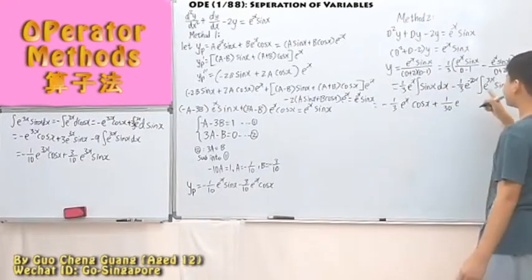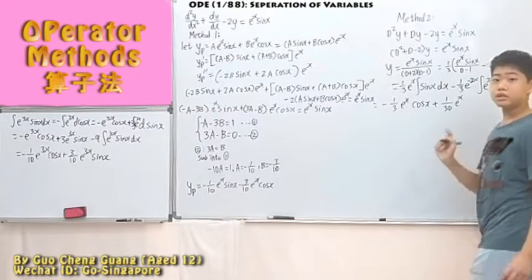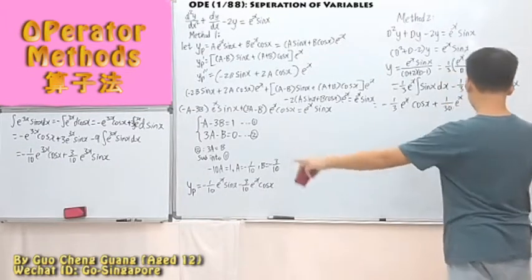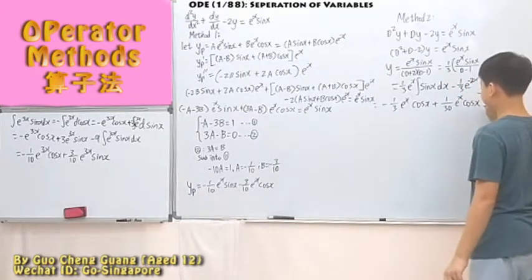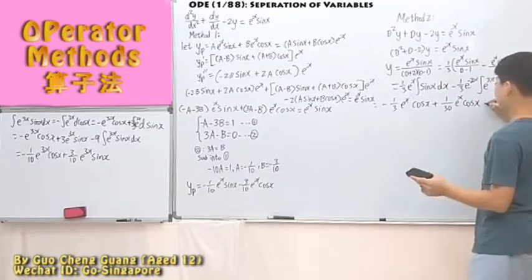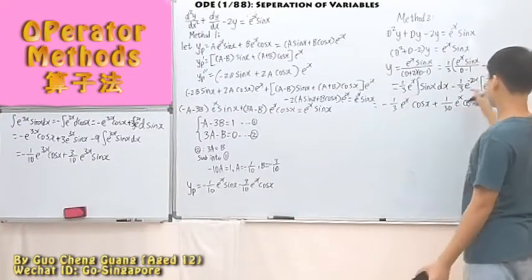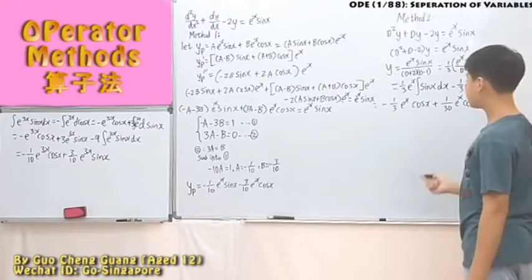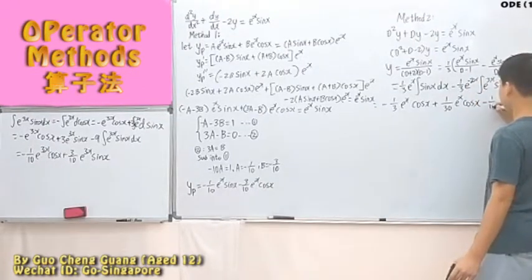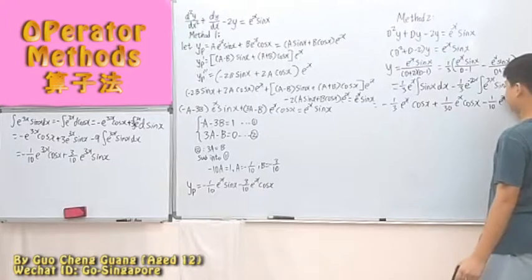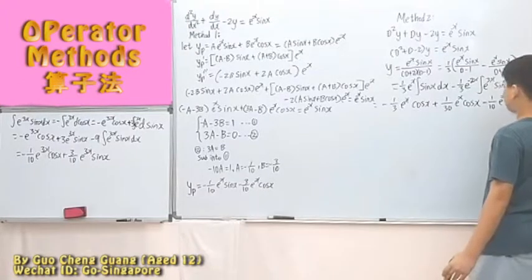Here's e to the power of negative 2x. So this is e to the power of x. So then that part, this is cosine. Then after that, it is add becomes minus. So minus 3. Now this is 1 over 10 e to the power of x sine x.